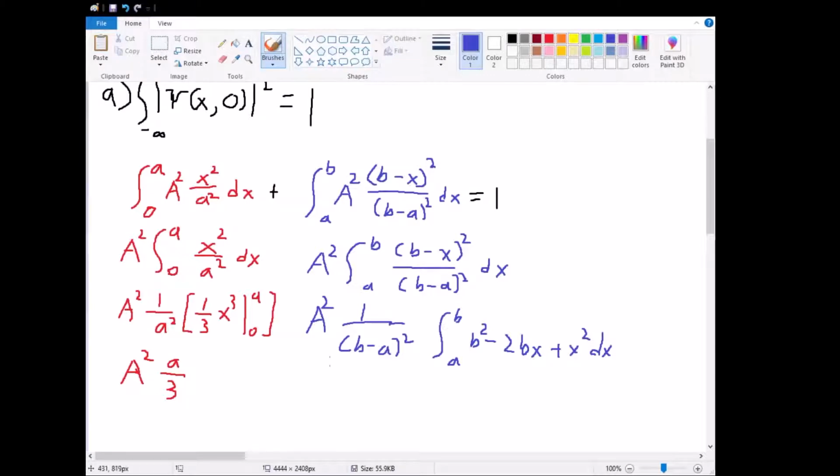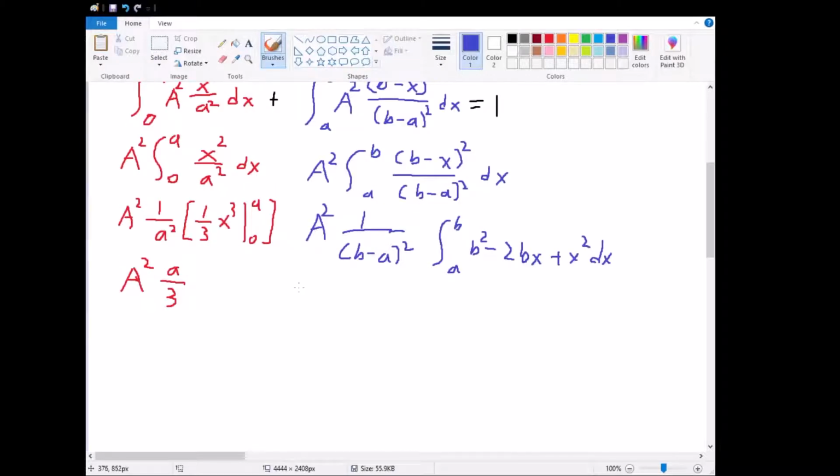Now I just have to integrate this in full. This gives me A squared times 1 over (b minus a) squared, and then we integrate each term individually: b squared times x minus b x squared plus 1/3 x cubed, with bounds from a to b.